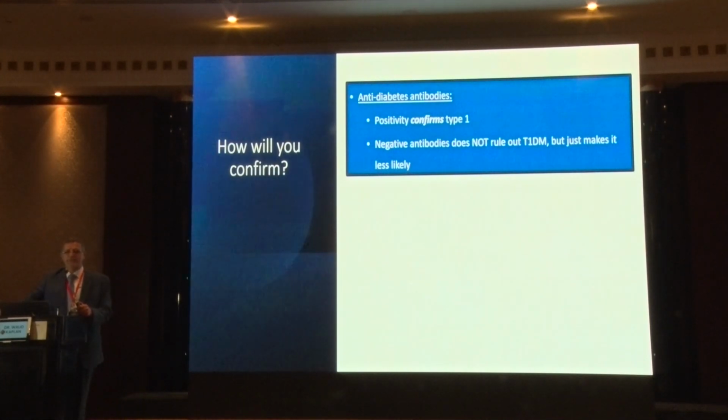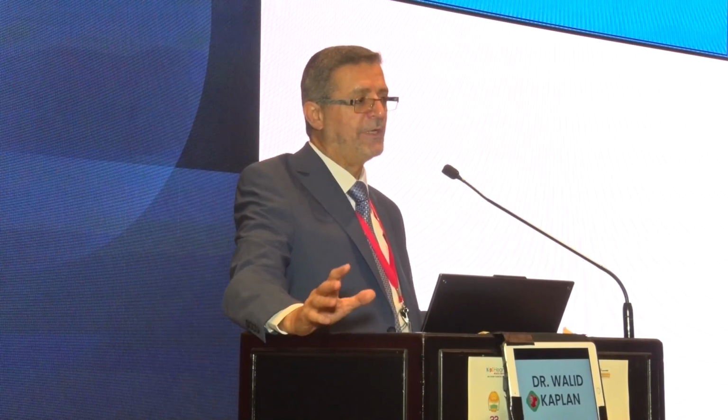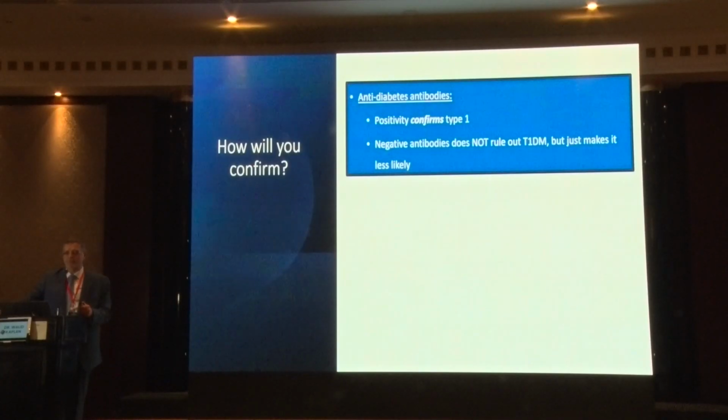If the antibodies are negative, though, that does not rule out type 1, because 20 to 30% of type 1 diabetes patients are labeled as type 1B, to differentiate them from the standard type 1A with positive antibodies. Those patients have the typical symptoms of type 1, but they don't have antibodies. So negative antibodies does not rule out type 1, but positive antibodies confirms type 1.